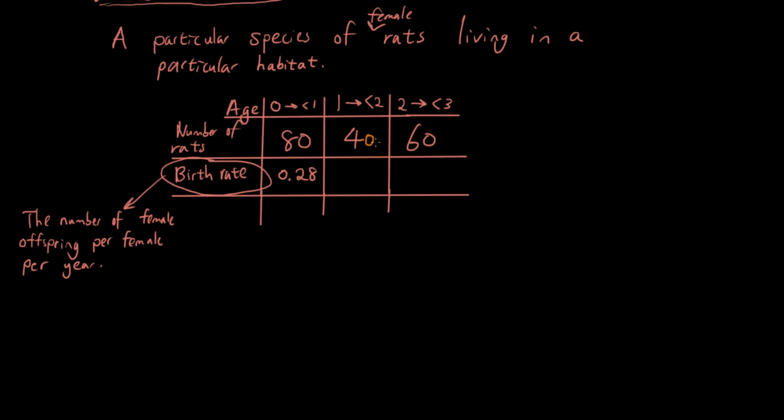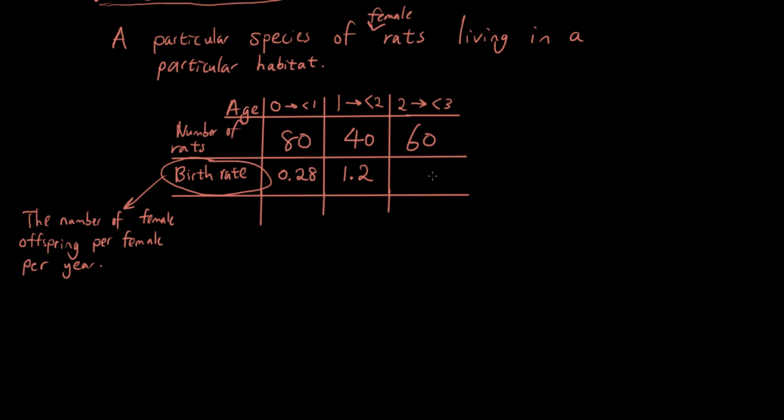Then let's have a look at the birth rate for rats between 1 to 2 years old, and let's say it's 1.2. What that means is, on average, each rat gives birth to 1.2 rats.